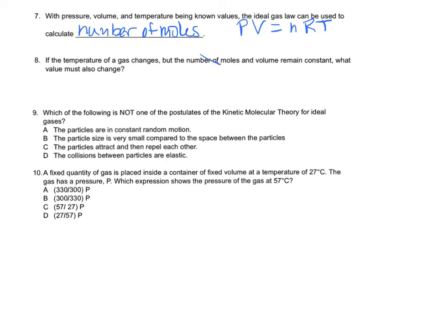So we're not messing with moles, we're not messing with volume, we're messing with temperature. So the only other thing that can change is pressure. And remember, temperature and pressure are directly related to each other, and that is Gay-Lussac's law.